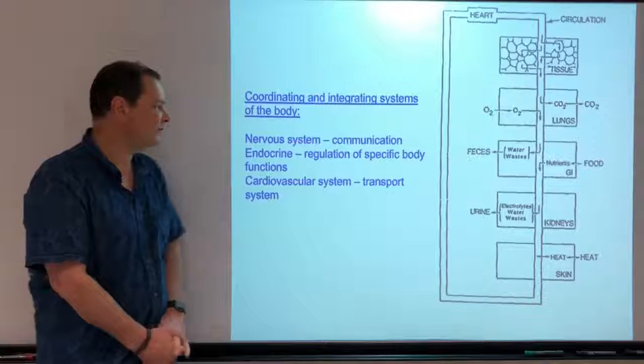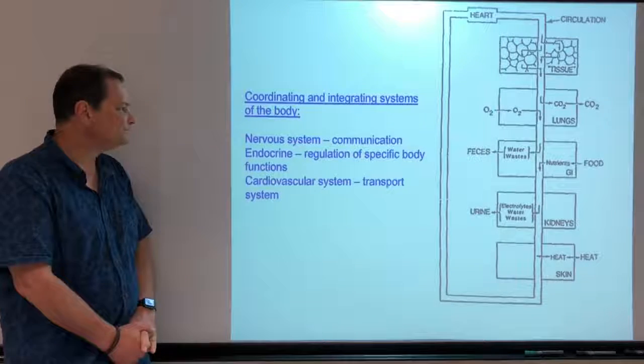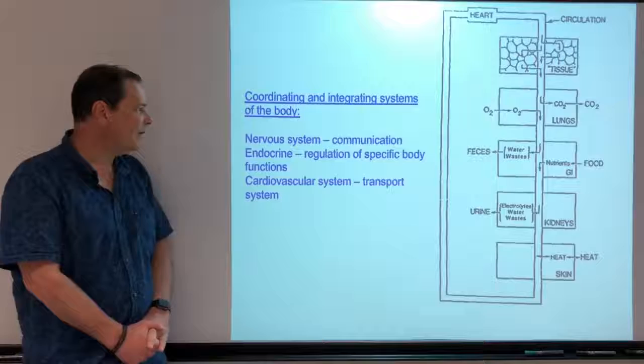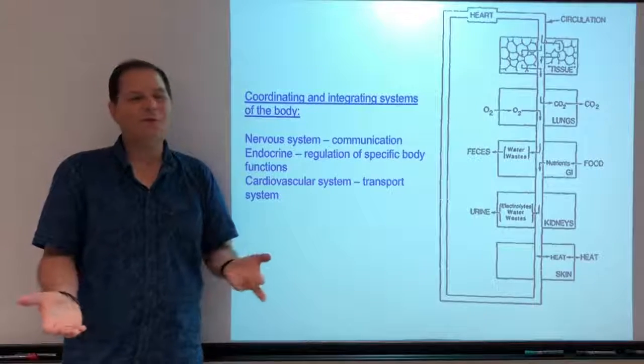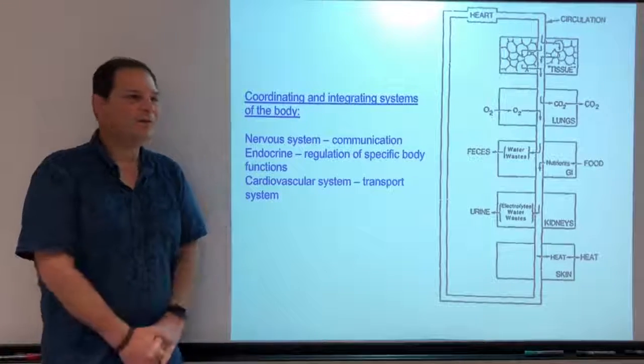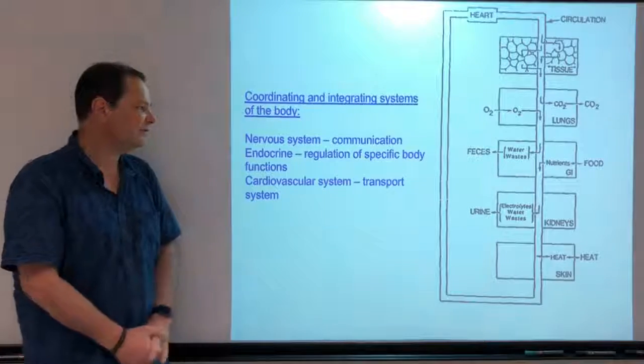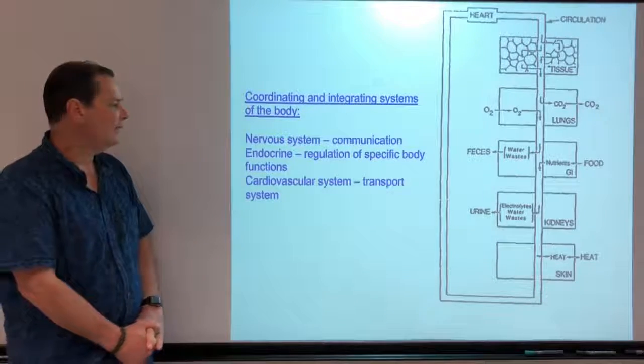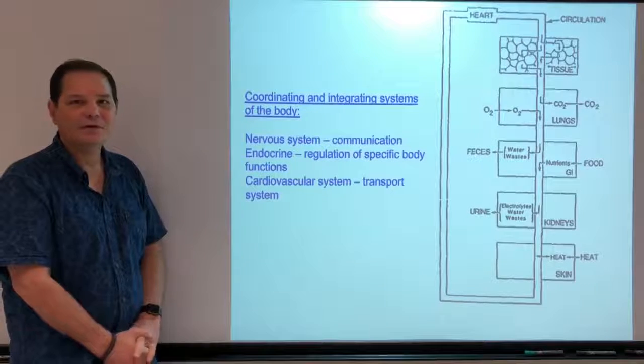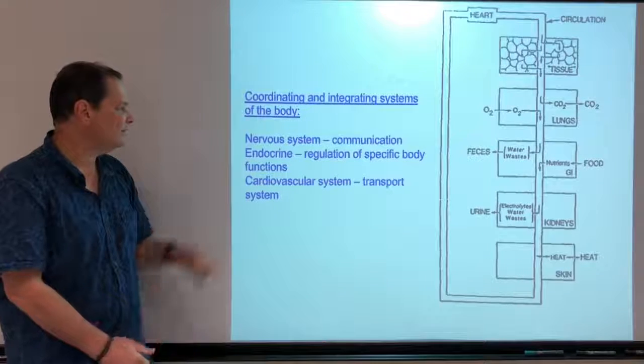It's distributed everywhere. This is where you will secrete a hormone, and the hormone will usually make its way into the cardiovascular system, although not always, and then bind a receptor on a target organ and send a signal that way.